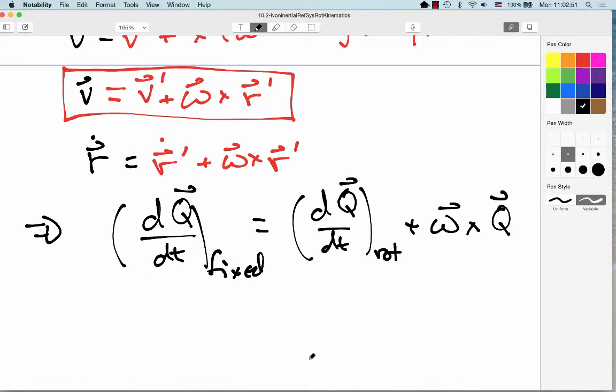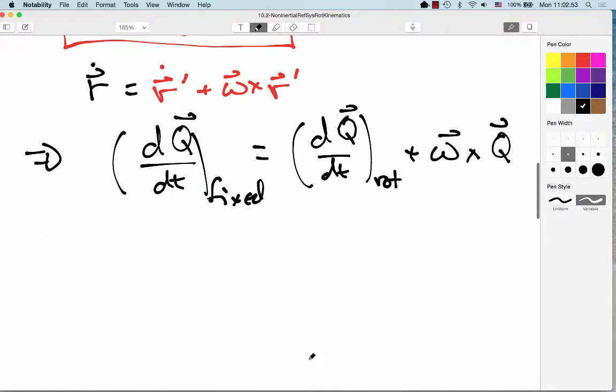So we can extend that thought if we want to differentiate v, for instance. So v dot would be equal to v dot in the primed frame plus omega cross v, like so.